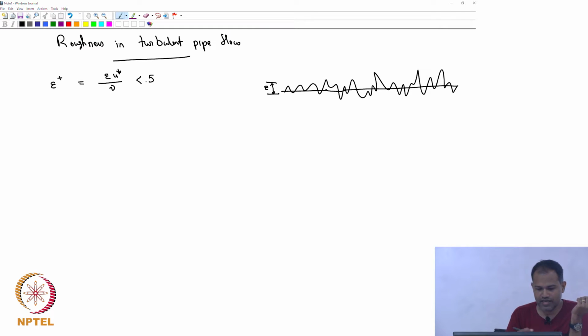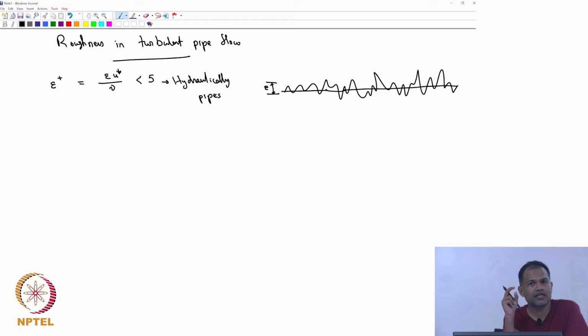If epsilon plus is less than 5, we call it hydraulically smooth pipes. In other words, the thickness of the roughness is smaller than the height of the wall layer. Is that okay? We are just talking everything in terms of these plus quantities rather than real dimensions.